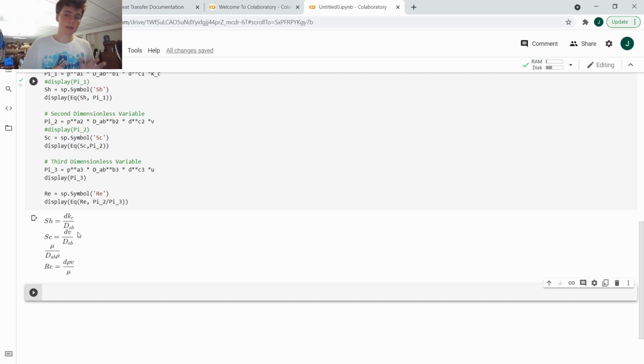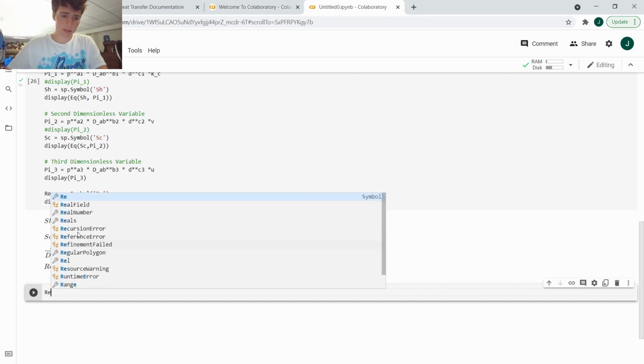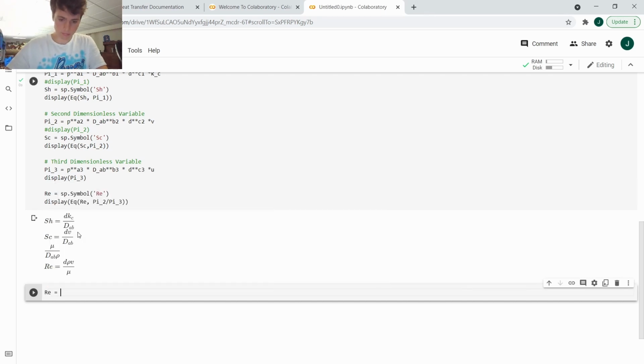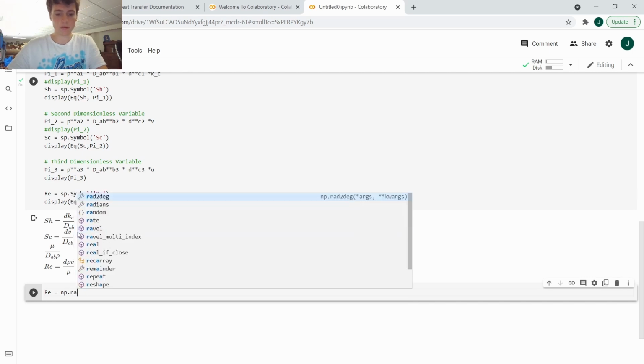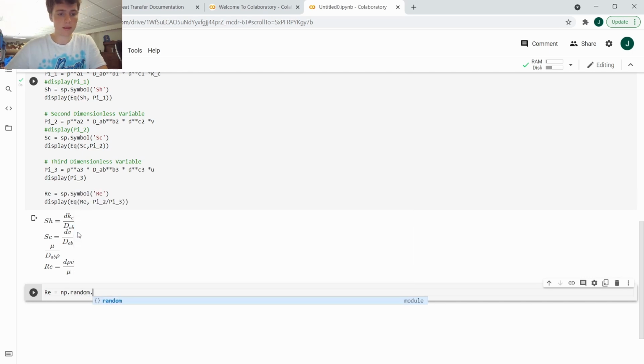We have our non-dimensional variables, but now at this point we'd like to run our experiments. So first we need to come up with our Reynolds and Schmidt numbers. We can say Reynolds number is just, we can use the random module and uniform.